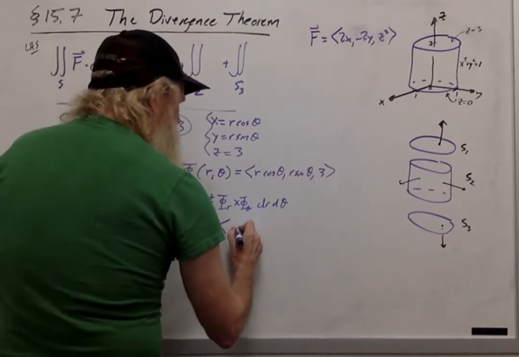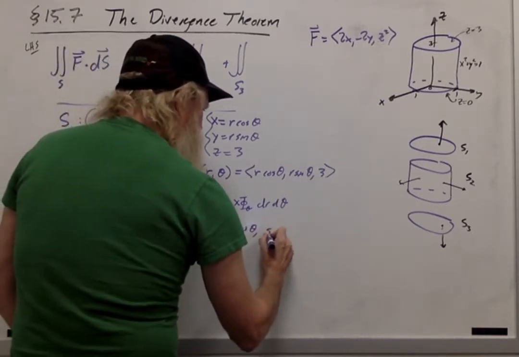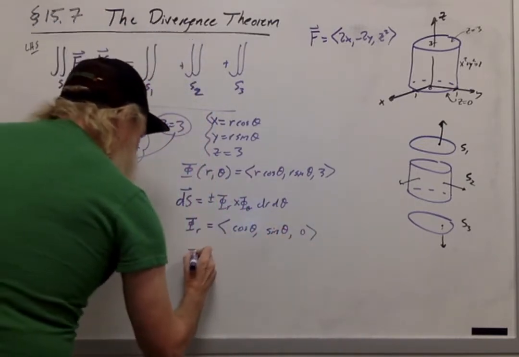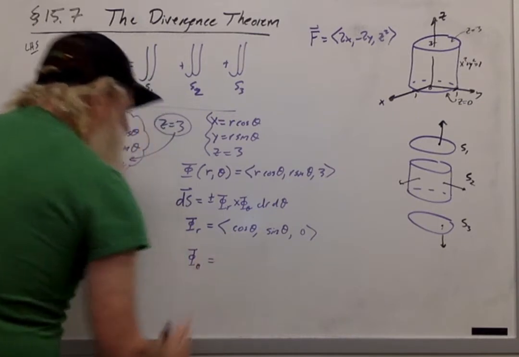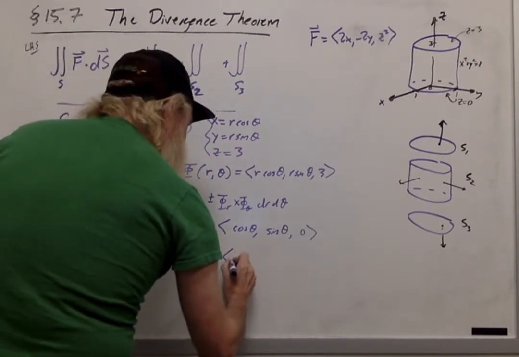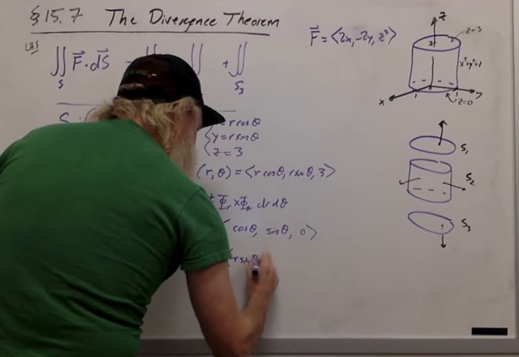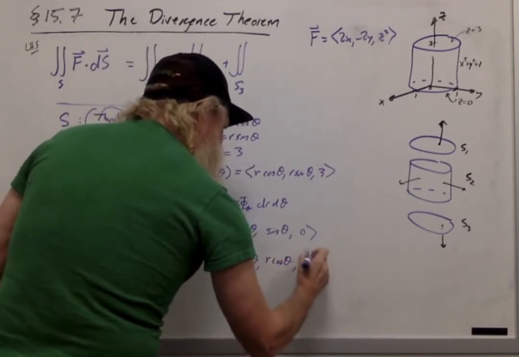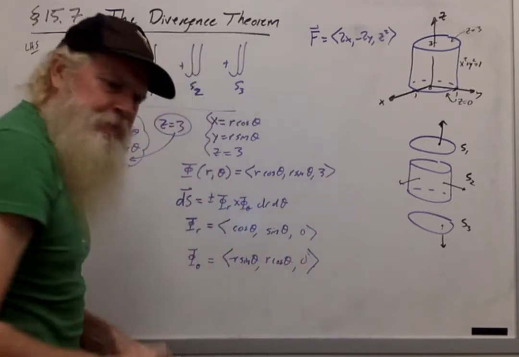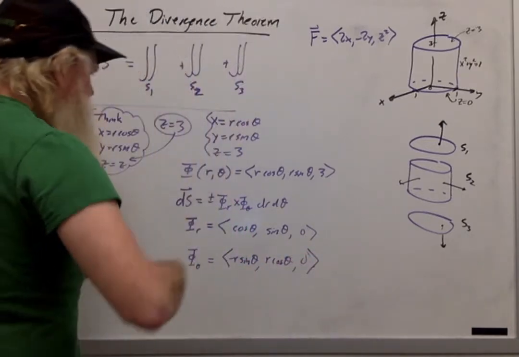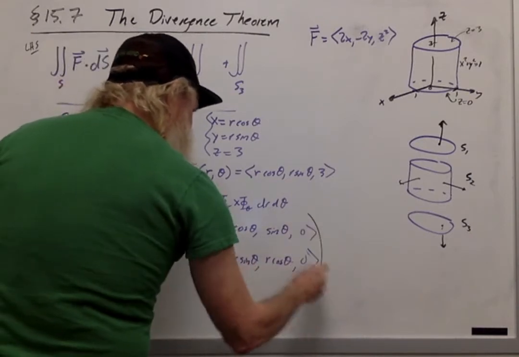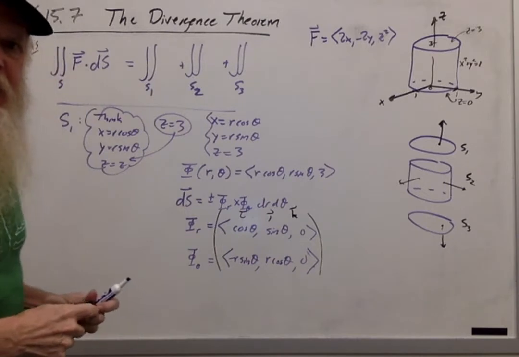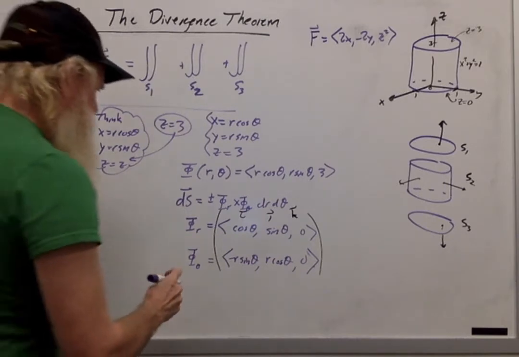The phi dr is cosine theta, sine theta, and 0. The phi d theta is negative r sine theta, r cosine theta, and 0. So to take their cross product, I'm going to put ijk across the top and take the determinant of this 3 by 3 matrix.